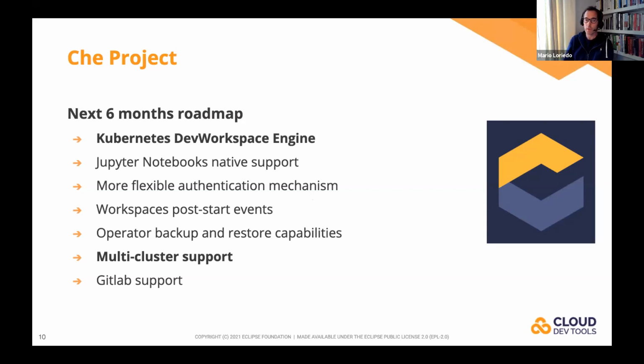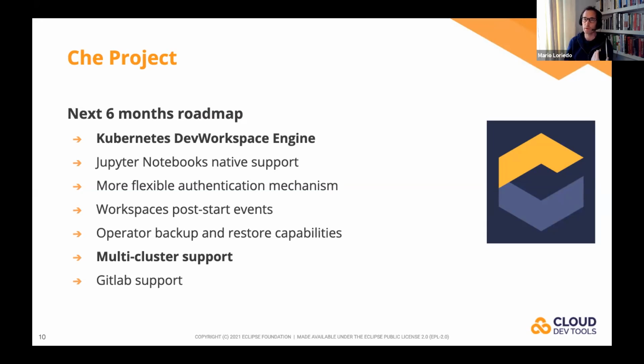Then we are working on the multi-cluster support. That means having one Che instance that is able to leverage multiple Kubernetes clusters to schedule workspaces. That's a requirement for companies or users that need to have more than 100 concurrent workspaces.